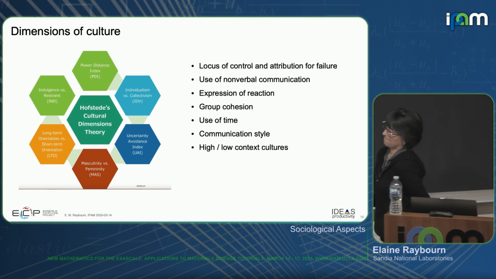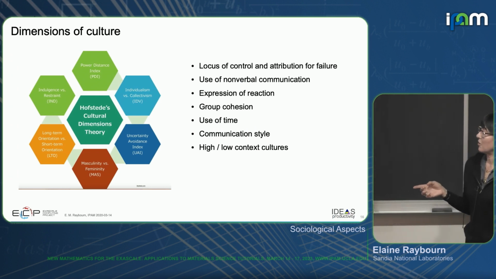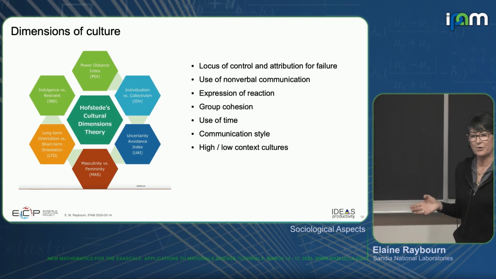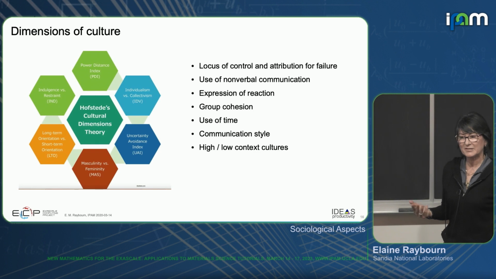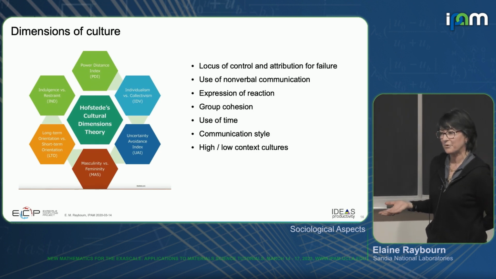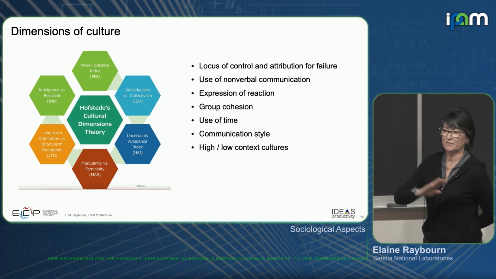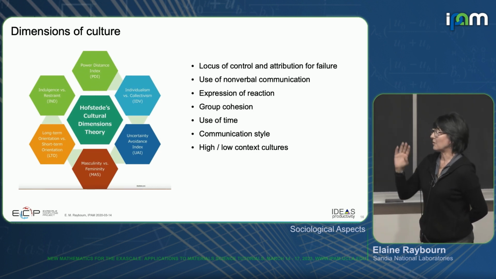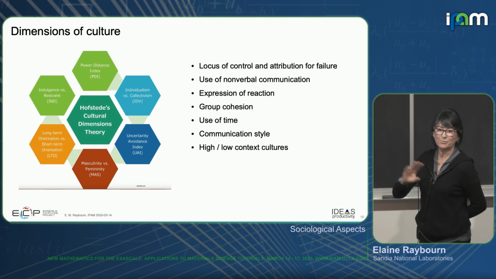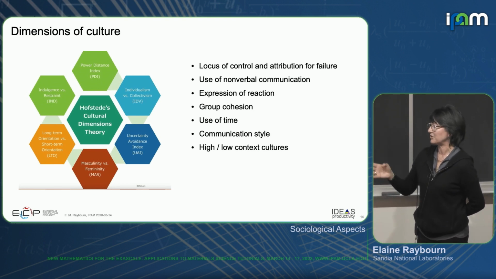Now, this image over on the left is Hofstede's cultural dimensions. I'm not sure if you've seen this. This is actually something that you may be familiar with. Normally, these dimensions have a lot of the different cultures mapped in different parts of these dimensions.